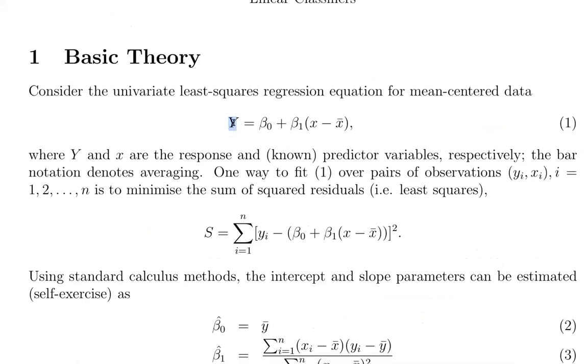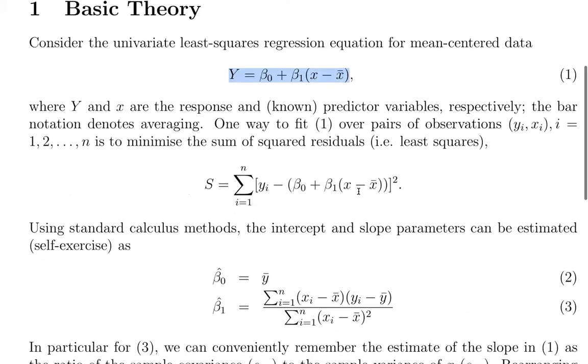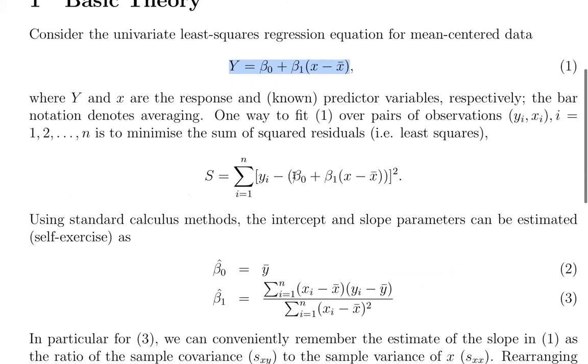So then you can see that of course, this is your linear model, right? And I think you're quite familiar with this. So the idea of trying to estimate the beta naught and beta 1 is to use the least squares method, right? So you want to minimize the sum of squared residuals, okay? The least squares approach.